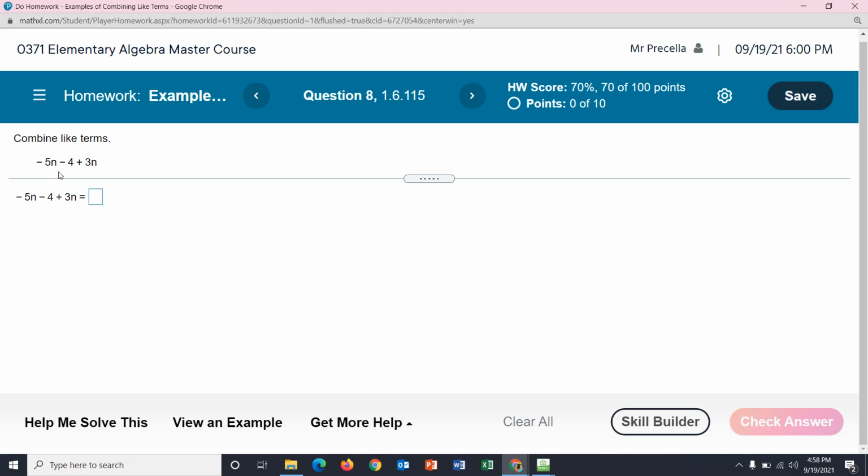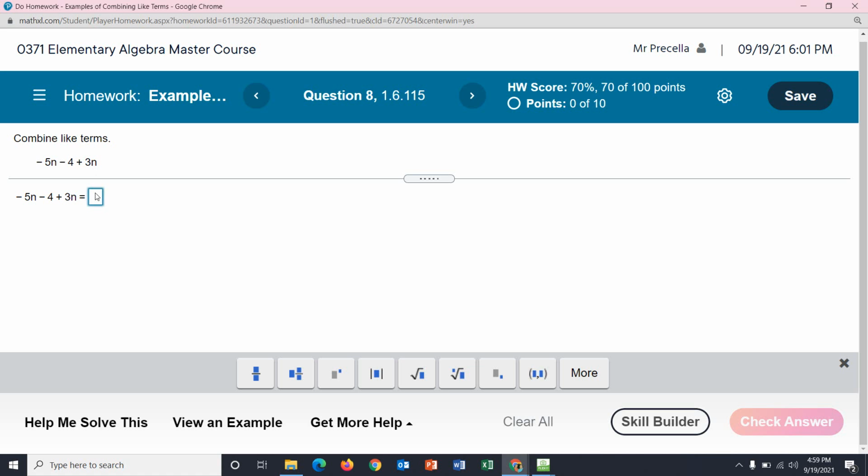Like here we have 1, 2, 3 terms. The terms that we can combine, let's see, the negative 5n, we can combine with the positive 3n. A negative 5 plus 3 is a negative 2n.